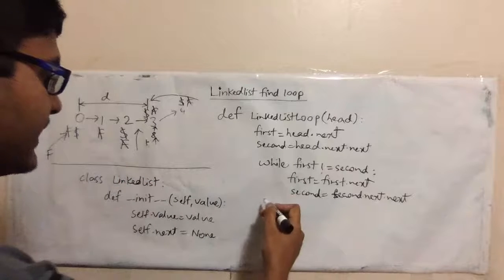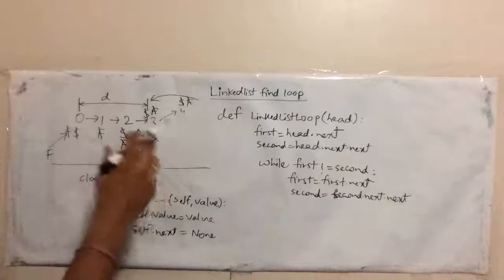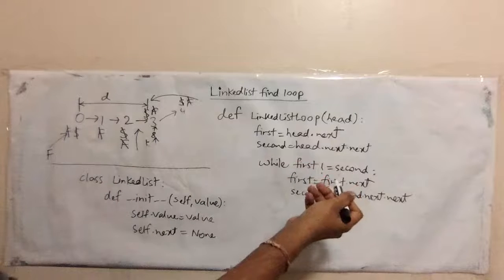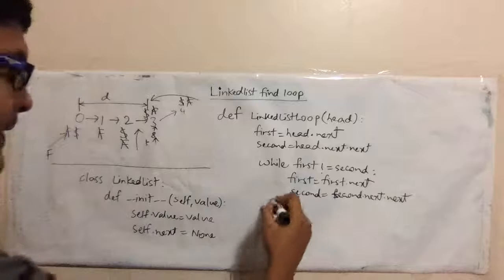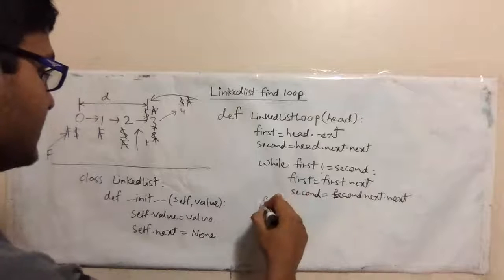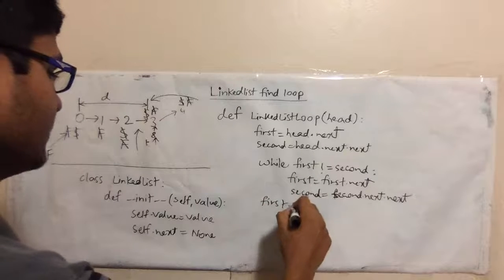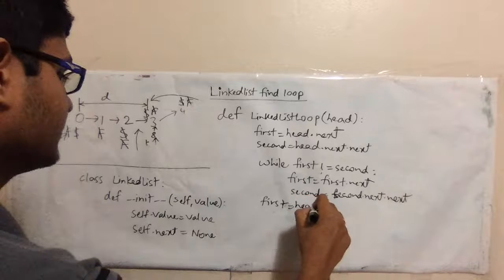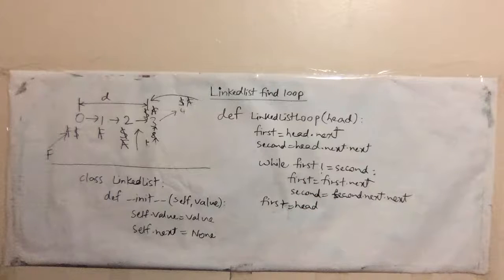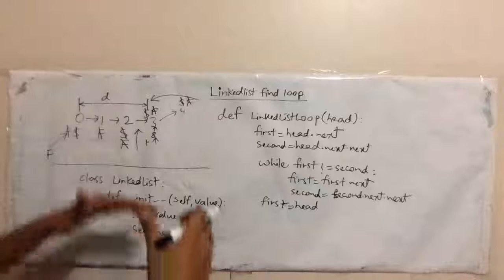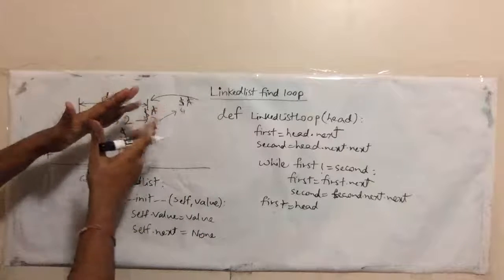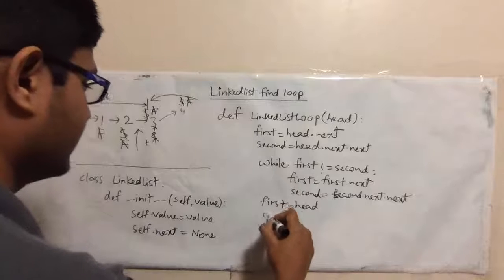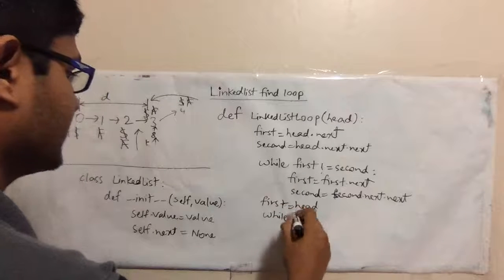At that moment, we moved one of the pointers, either the first pointer or the second pointer, back to the head. I will take the first pointer and move it to head. And again, we started iterating with the second pointer and first pointer until we reach the same location.